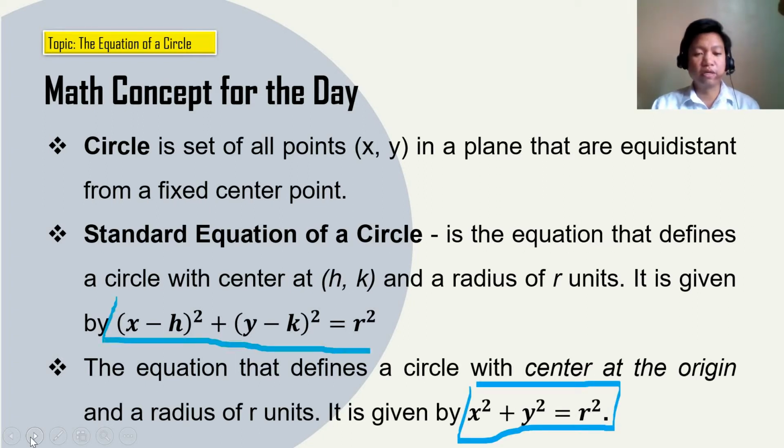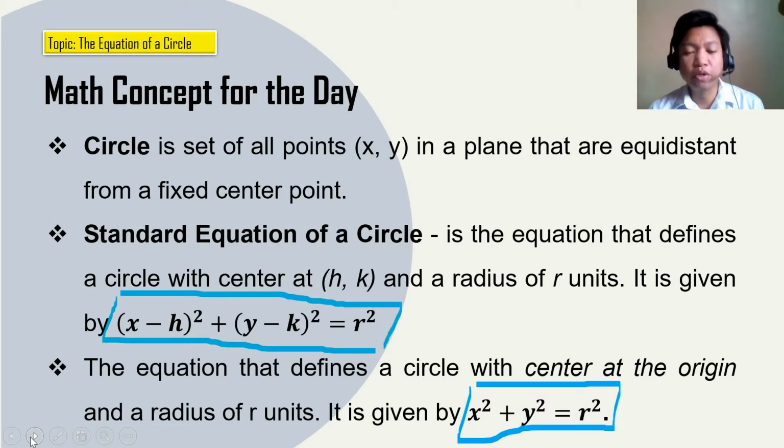So again, they're talking about the equation of a circle. Pero mas maiksi yung ating second equation. It is because the center natin dito is at the origin, no? Ibig sabihin, ang coordinates ng center natin dito ay 0, 0. That is why masisimplify natin yung equation natin mula dito.